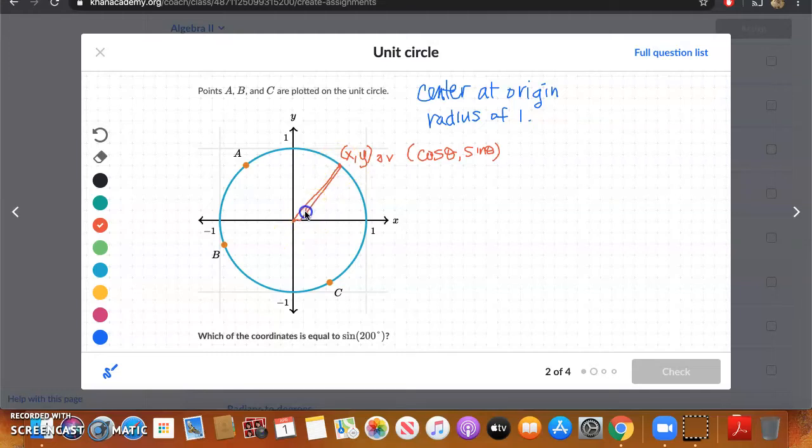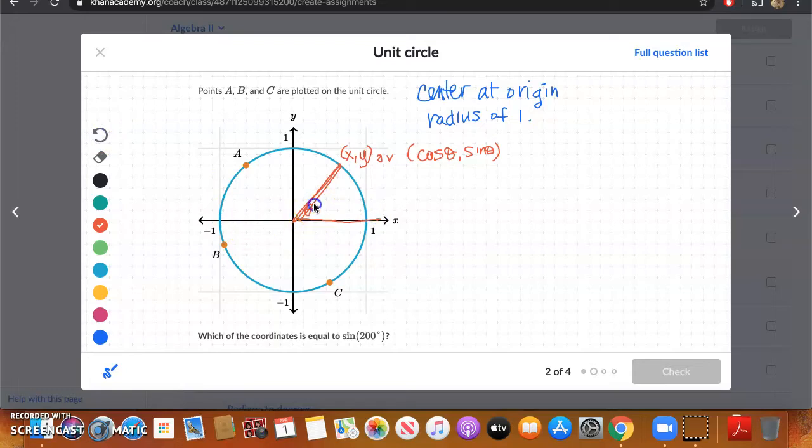The angle theta is formed by the x-axis and that line right there. So this is my angle theta right here.